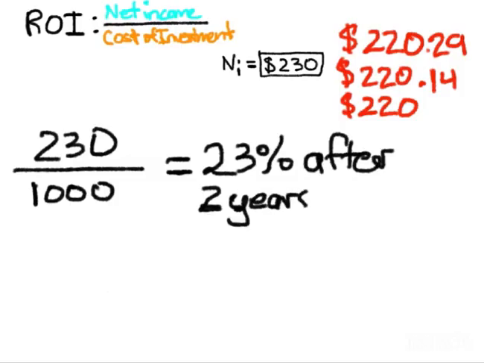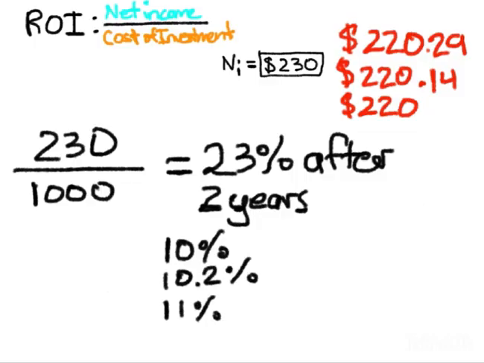A return on investment is crucial for analyzing your best possible outcome when you're considering a variety of different organizations. Your friend here is giving you a 23% interest rate after 2 years. So then to compare them with the other banks' interest rates, the first one was 10%, the second one was 10.2%, and then your third bank was 11% with a simple interest.